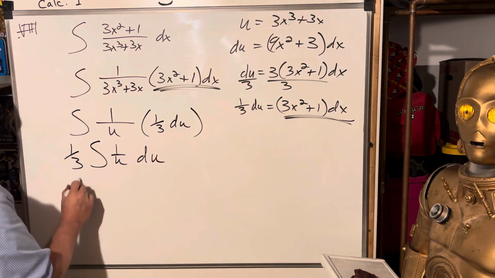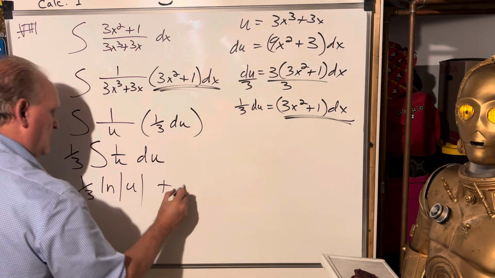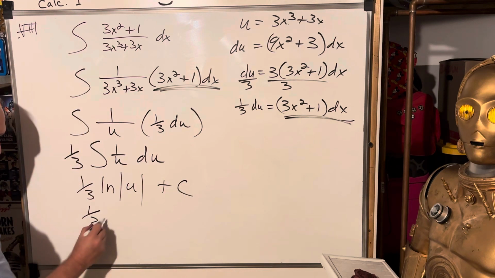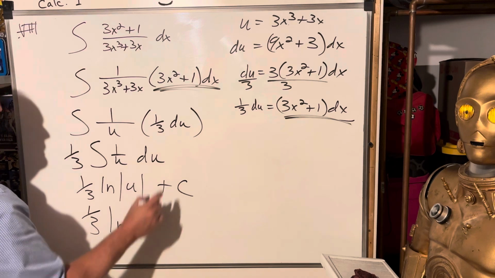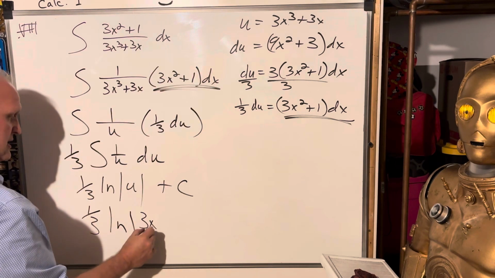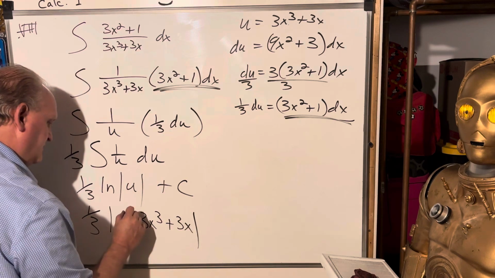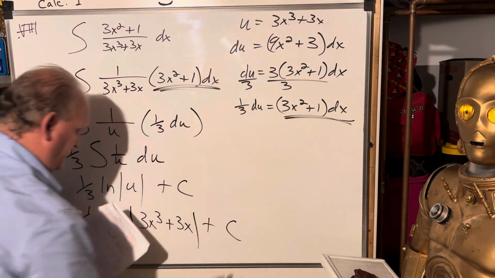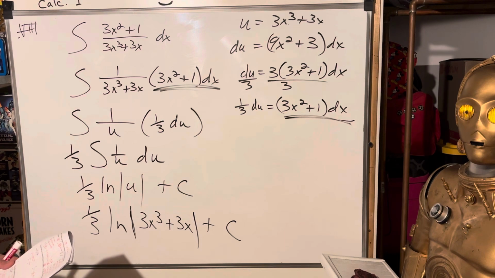And we do our magic. Natural log of absolute value of u plus c, and so it's 1/3 ln absolute value of 3x cubed plus 3x plus c. Okie dokie.